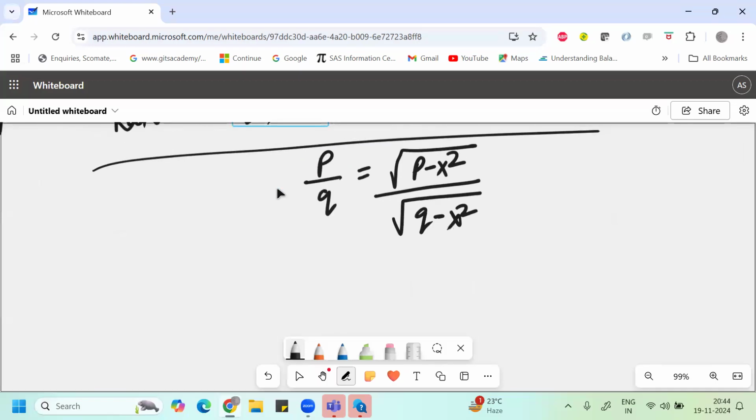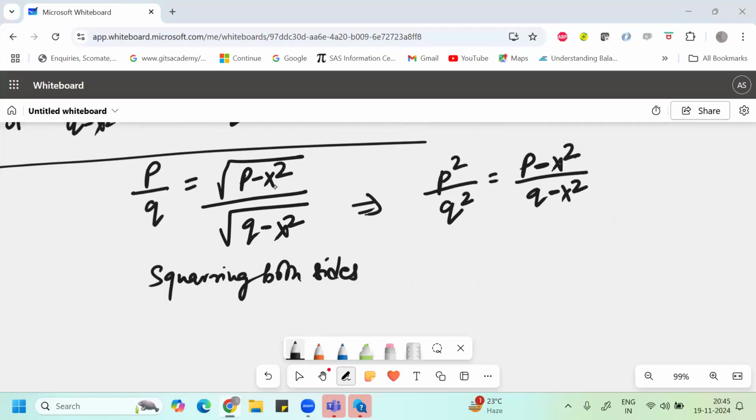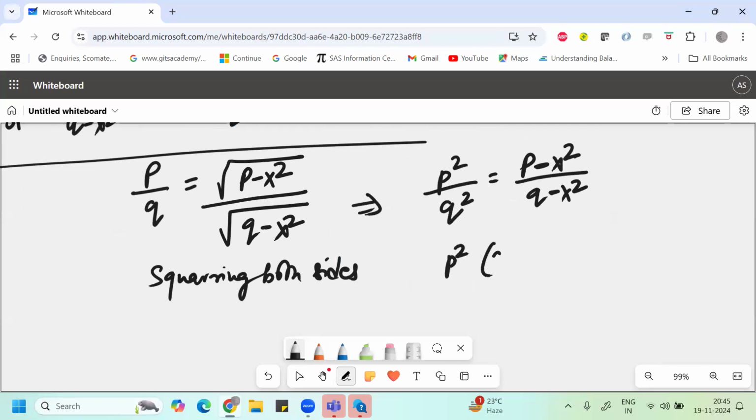Now what would be my step? Squaring both sides. And everyone knows this. If I square both sides, P square by Q square is equal to P minus x square by Q minus x square. Now cross multiply: P square into Q minus x square, and here Q square into P minus x square.